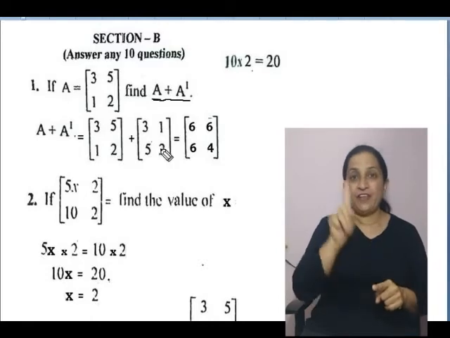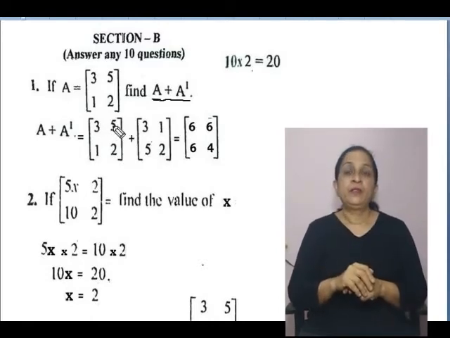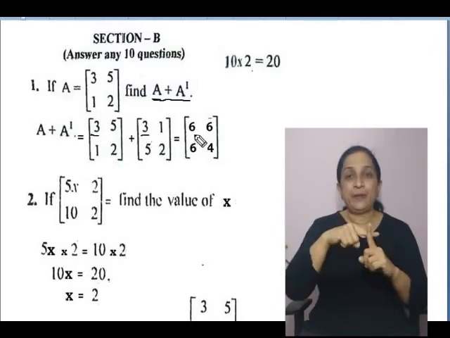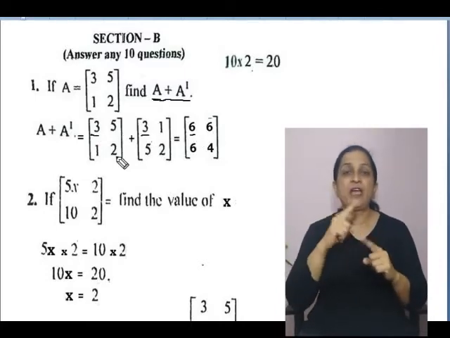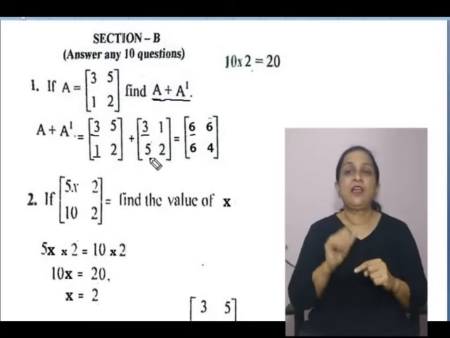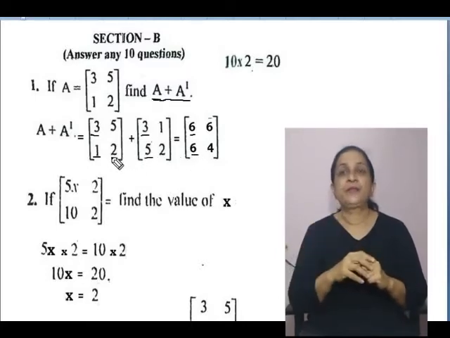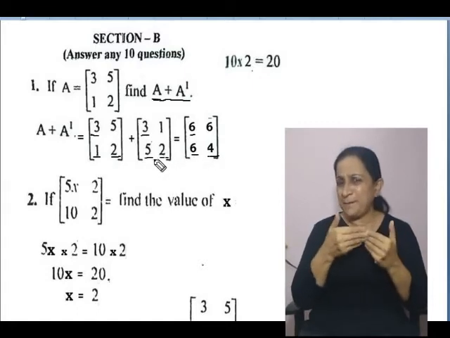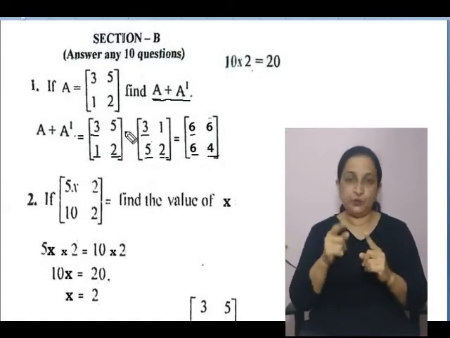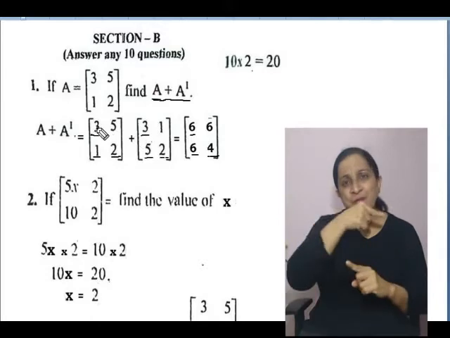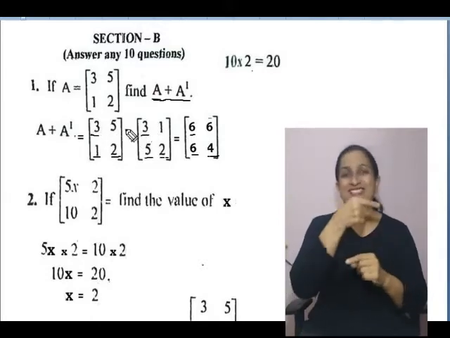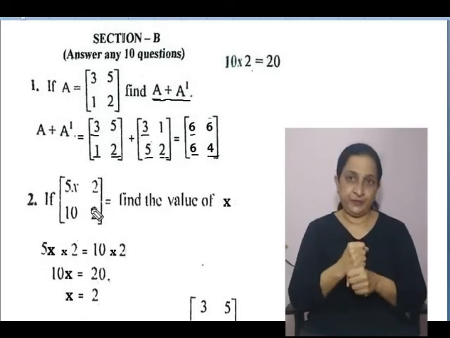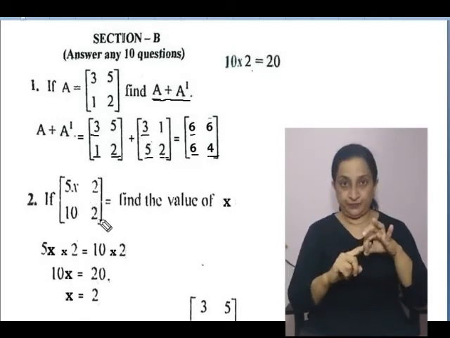Now it is simple addition: 3 plus 3 is equal to 6, 5 plus 1 is equal to 6, 1 plus 5 is equal to 6, 2 plus 2 is equal to 4. You have to add the corresponding elements and that will be the answer. If it were minus, then you have to subtract.